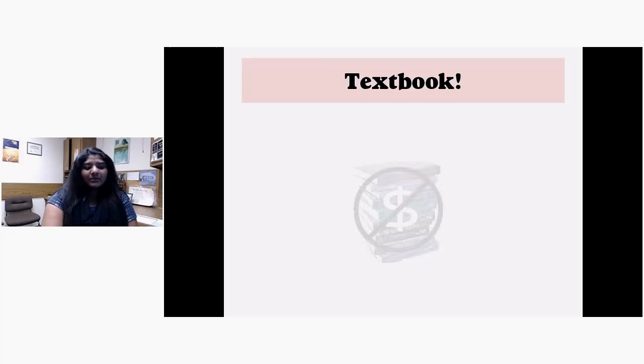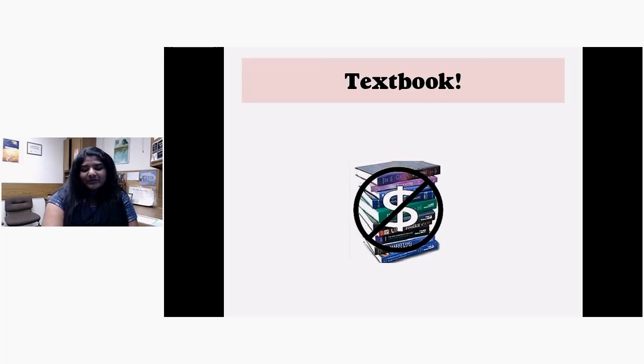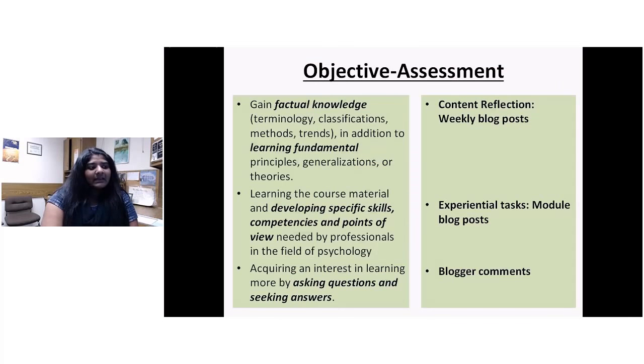So you know that we don't have a textbook, right? You don't have to buy one, but you will have online resources in Canvas. And as I said, there are three objectives, and for each objective I have an assessment and an assignment that will help me know that you have got it.